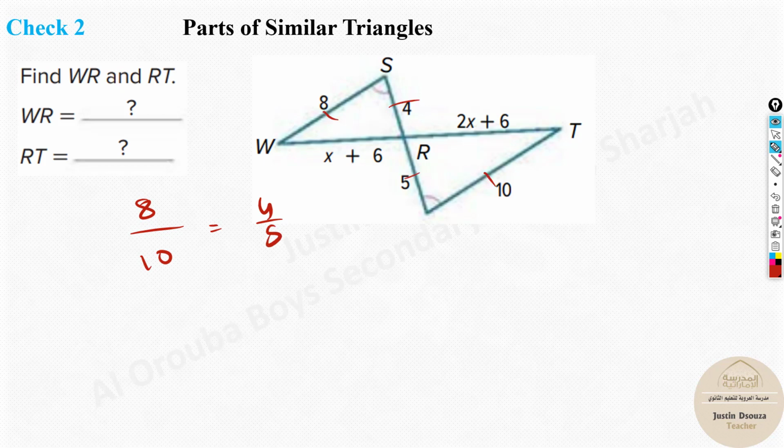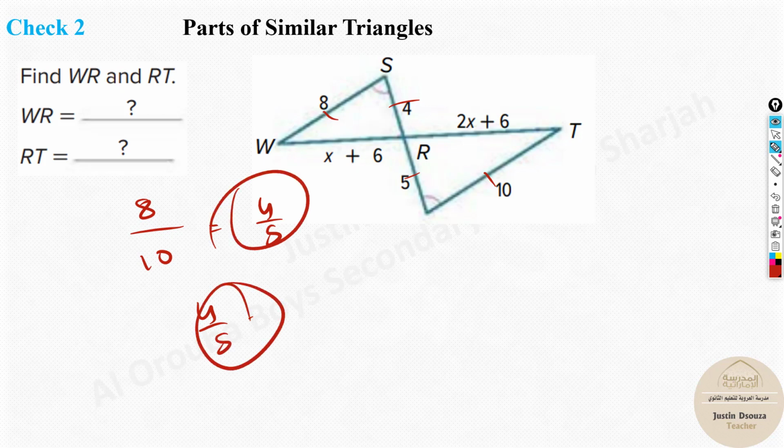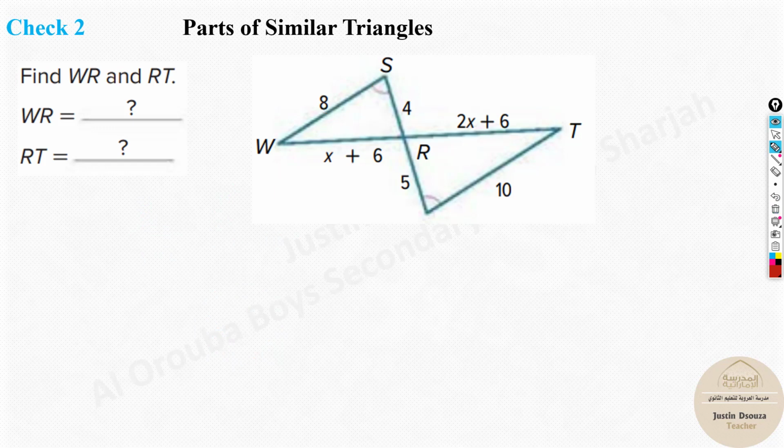What about this and this? 4 divided by 5. Yes. This and this are proportional, and we can see the included angles are congruent, so it is similar. We can directly move on to finding WR. Now if we know these are similar, all the sides are proportional, isn't it?